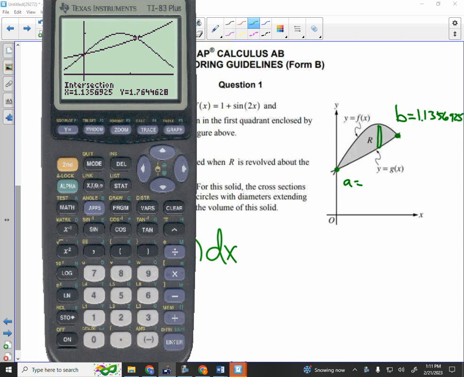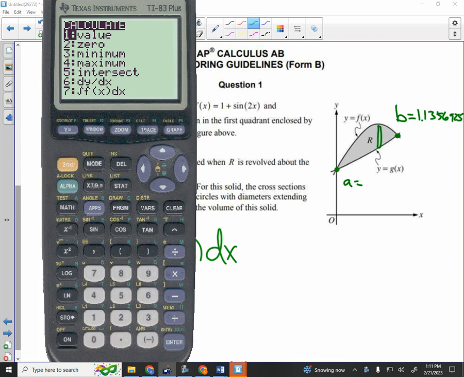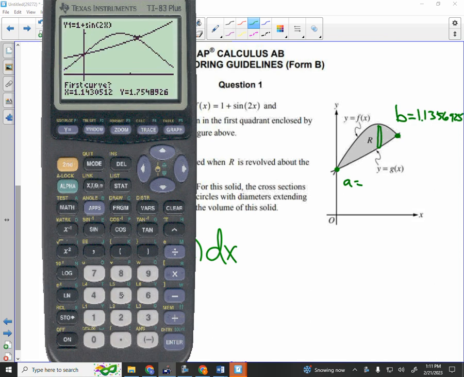And then I'm going to find A, the other intersection point. I'm going to go second calculate, number 5. I now need to mosey on over to the other side. Some of you recognize by the setup of the problem exactly what the value is. I got 1.612 negative something, but that's 0.